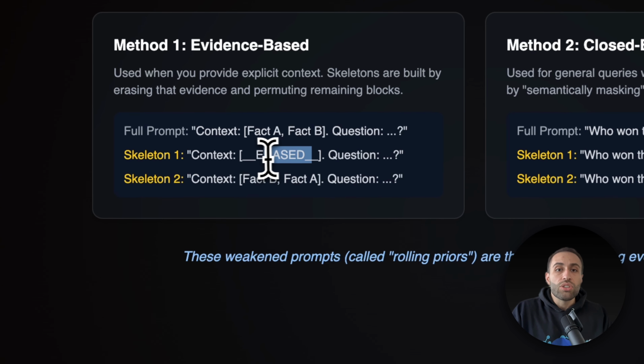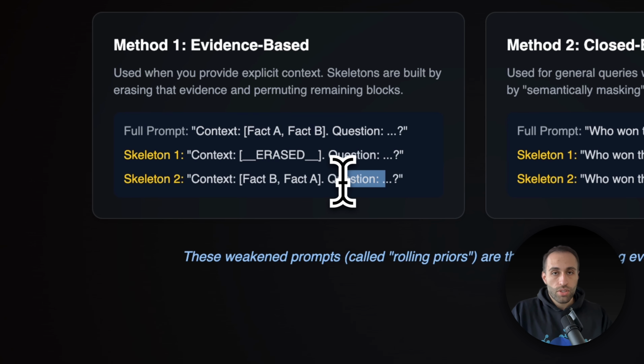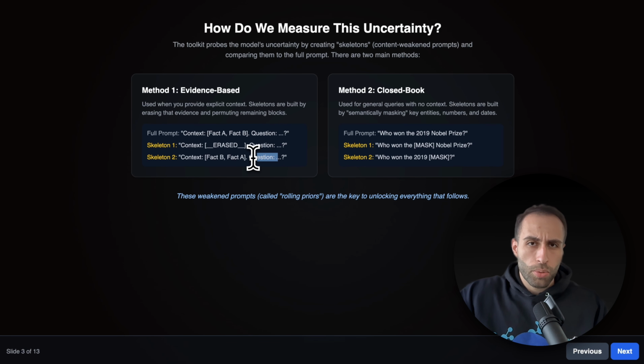They erase those chunks that you retrieved to see what the confidence of the answer is, or they reorder the position of those chunks and ask the same question to calculate the same thing. And then I'm going to talk about how we do the calculation, what the formula is, and how they use it. So stay with me. This is just a high-level understanding of the method.